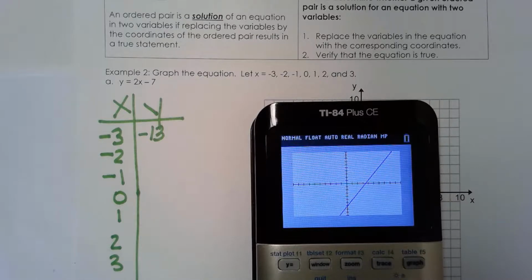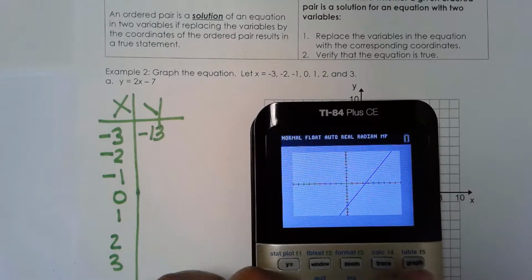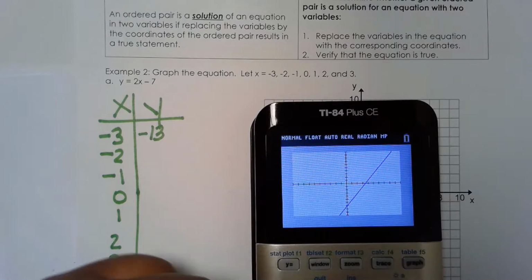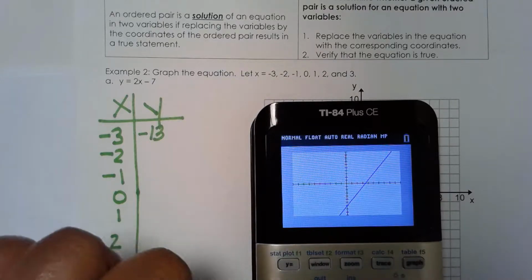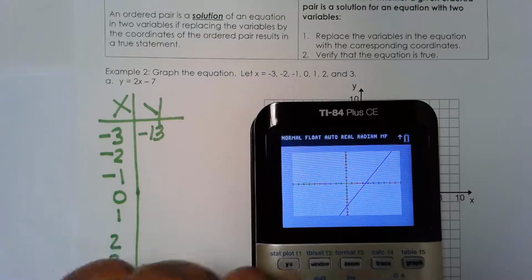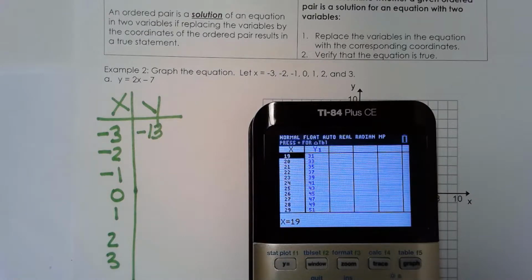Okay. Now, if I want to complete this table, and you notice above graph there's a table function, but it's in blue. For my calculator, it's in blue. Your calculator may be a different color. So to get to the table, we want to press second and graph, meaning second and table.